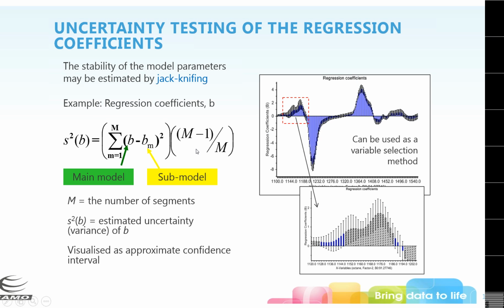One of the things we provide in the Unscrambler is something called uncertainty testing of these regression coefficients. Basically, that looks at your main model and your submodels divided by the number of segments, and how your individual variables are changing with respect to the Y structure.